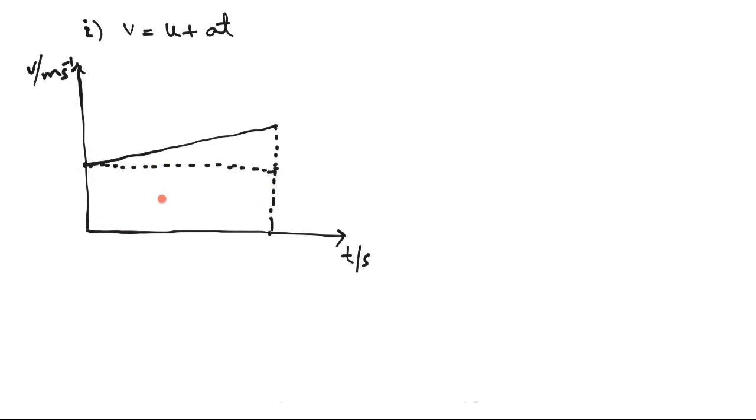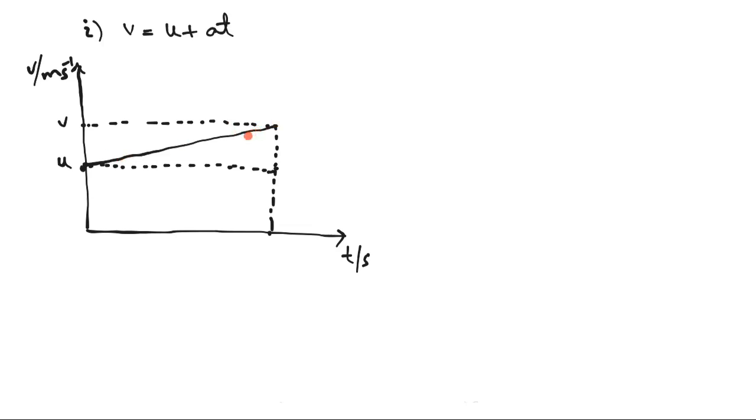Let me take the initial velocity u over here, and corresponding to this point, let me take the velocity v over here. You can see that I have taken velocity on the y-axis and time on the x-axis. The graph is a straight, slanted line like this.